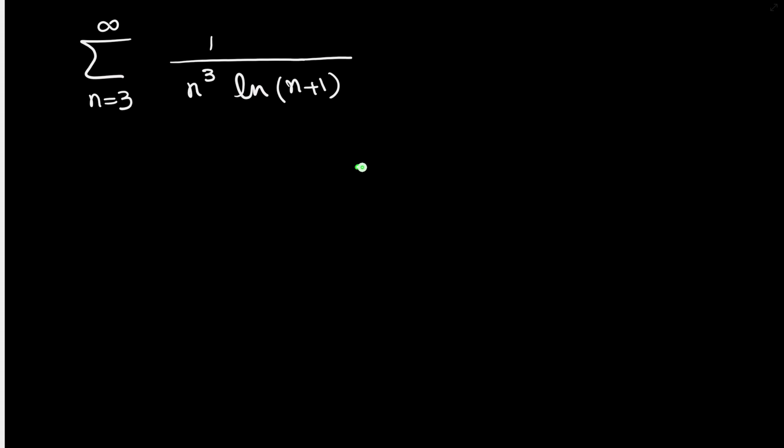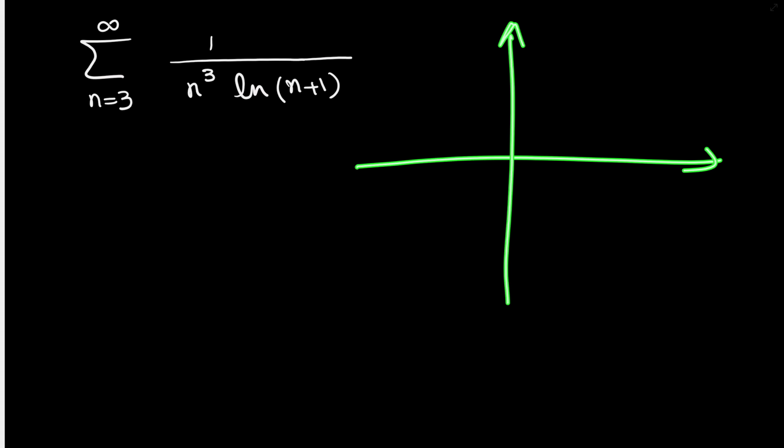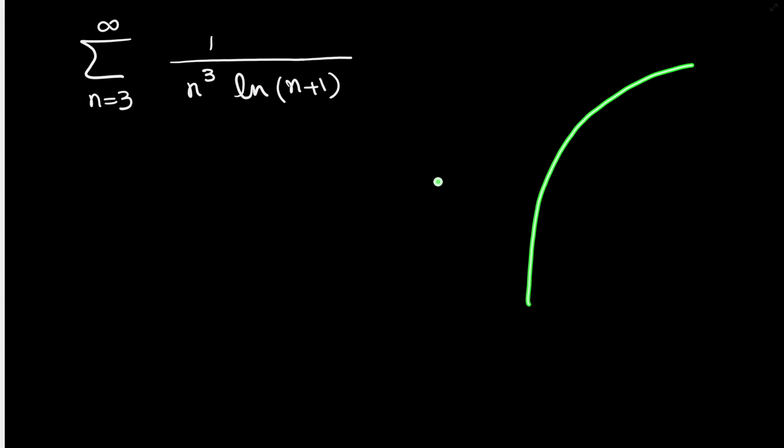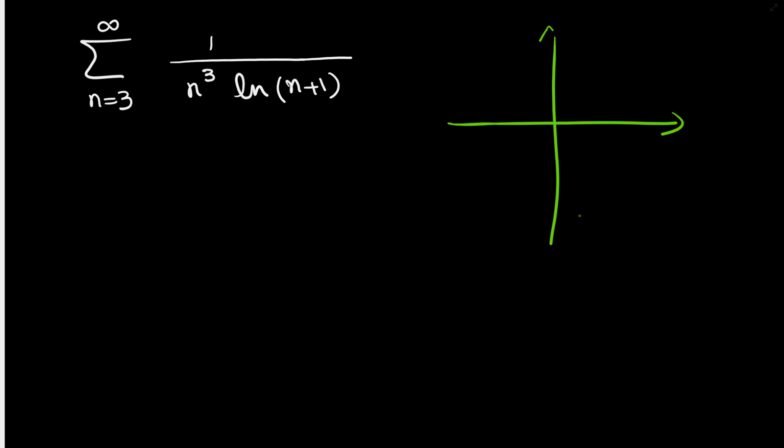these values are positive. If you remember the graph of natural log, it's this one, and here is 1. So natural log of 1 is 0, and from 1 to positive infinity, natural log is positive.